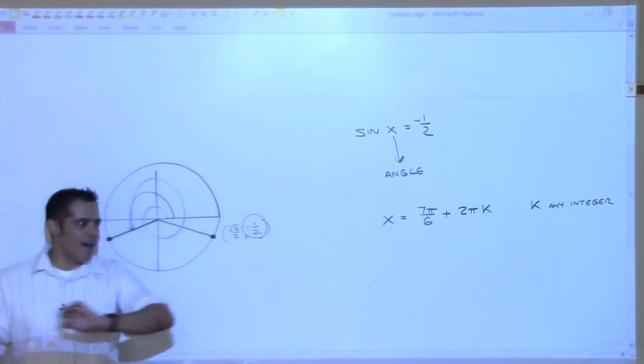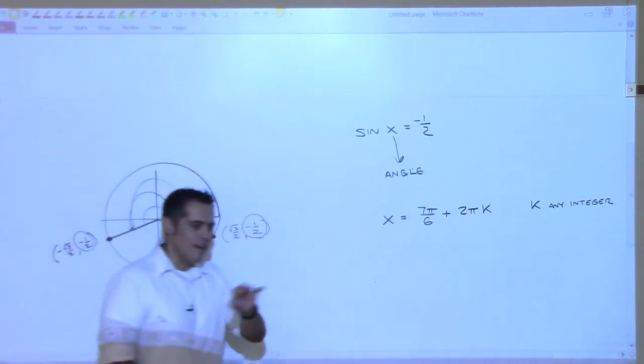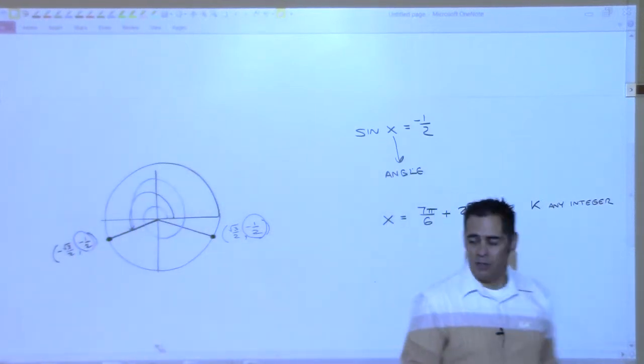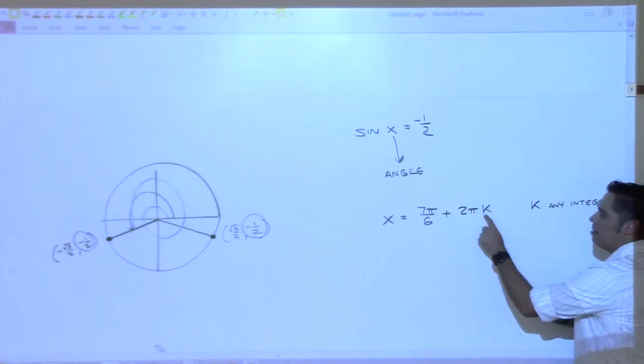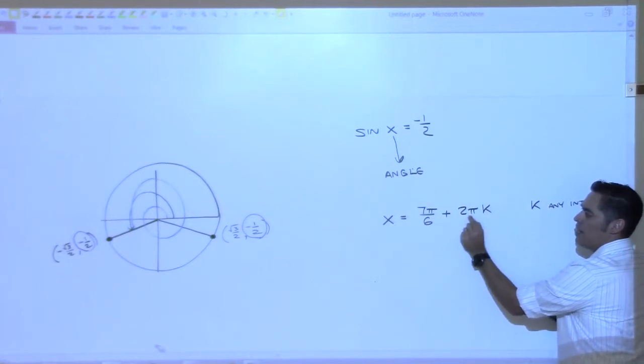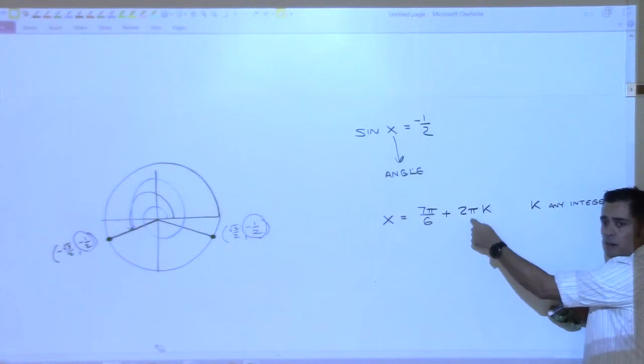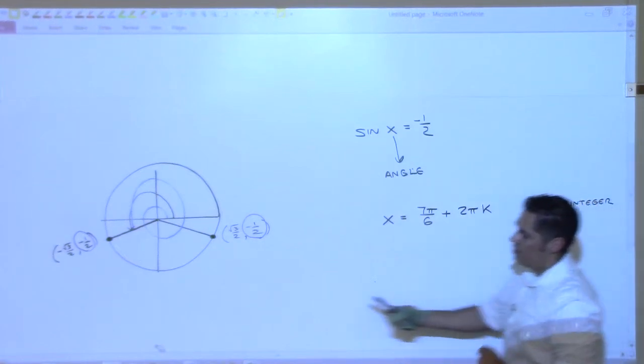So it's all your counting numbers, both positive and negative, and 0. You're taking out all the little decimal fractions in the middle. As long as you're adding 0 rotations, you have that answer. If you add one of these rotations, plus the 7 pi over 6, you'll get another answer. So this is an infinite number of answers, right? Okay. That just took care of this one.